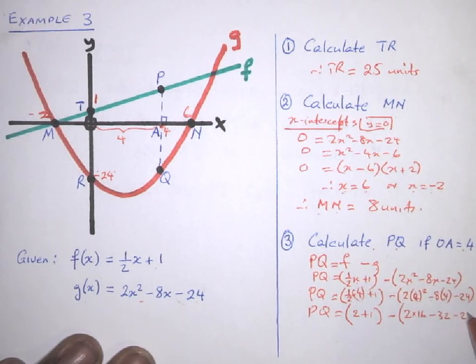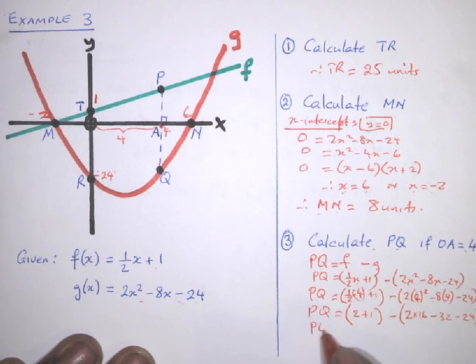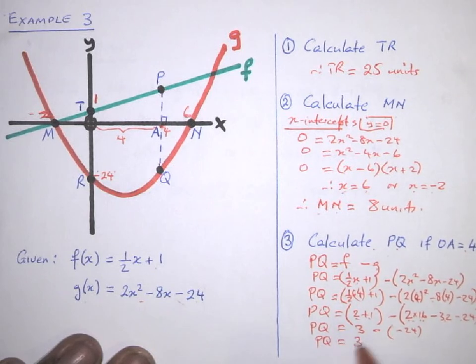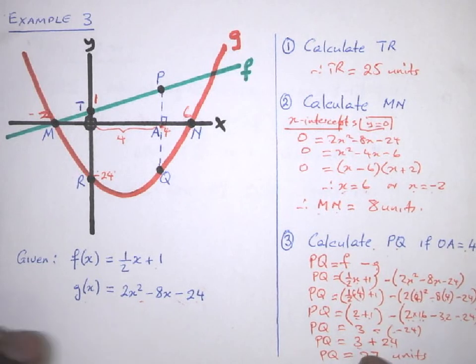So minus 24. And therefore PQ will be equal to 2 plus 1, which is 3, minus, what's the answer here? 32. 2 times 16 is 32. Minus 32 is 0. So I'm left inside with minus 24. So therefore PQ is equal to 3. And negative will be positive 24. And therefore PQ will be, because 3 plus 24 is 27 units. That's how I will get the answer.